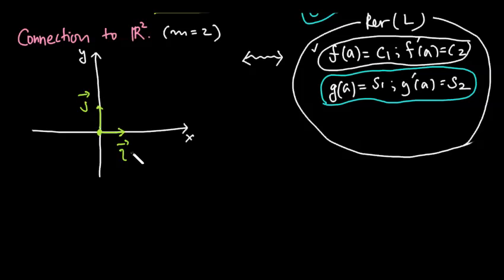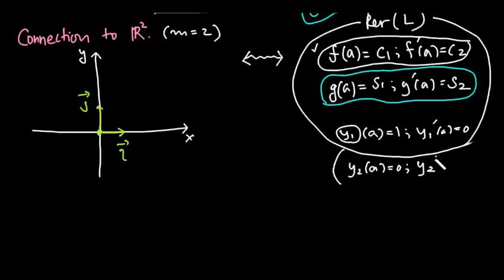If you look at this coordinate 1, 0, it definitely corresponds to the y1 we're talking about here, which has function value 1 and y1 prime 0 value. So 1 comma 0 goes in there. Of course, down there is y2, which has a 0 value at a, but the derivative is 1.